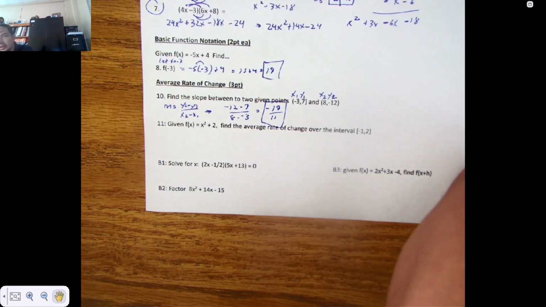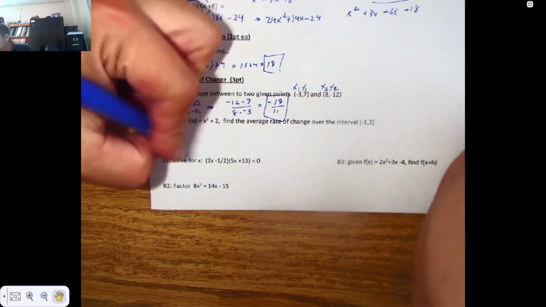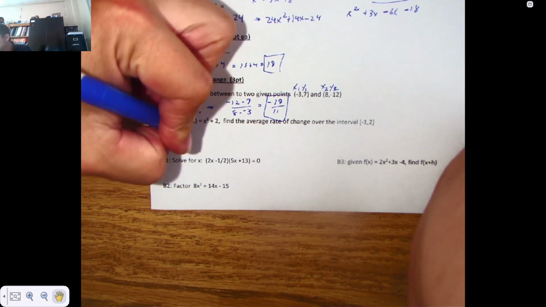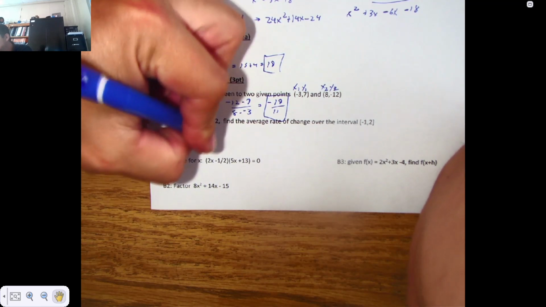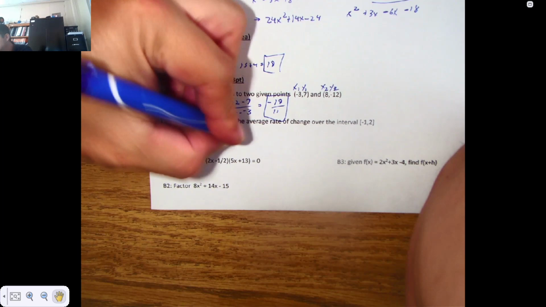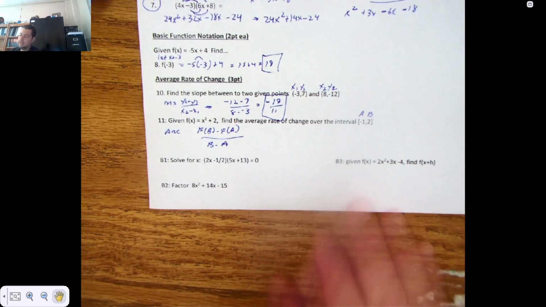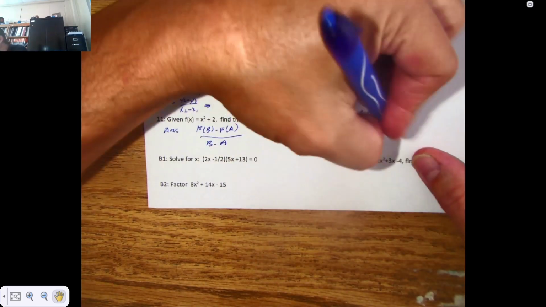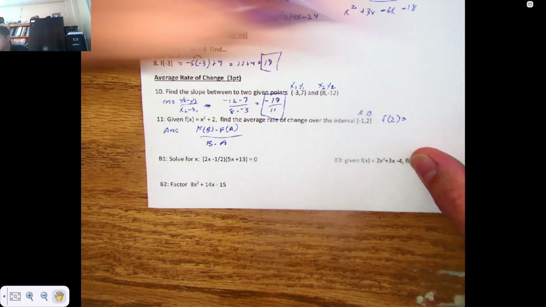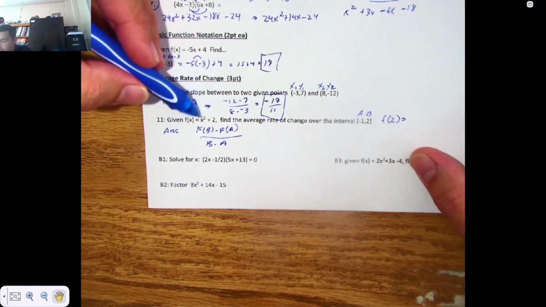Number 11, given f of x is x squared plus 2, find the average rate of change over the interval from -1 to 2. So your ARC formula is f of b minus f of a over b minus a, and you get a and b here. So you've got to do some function notation. You've got to go off to the side and figure out what f of 2 is, which is done by plugging in a 2.